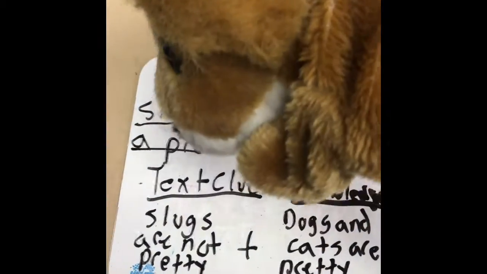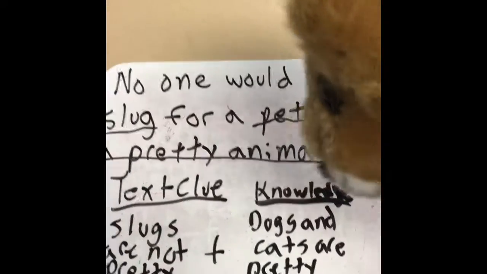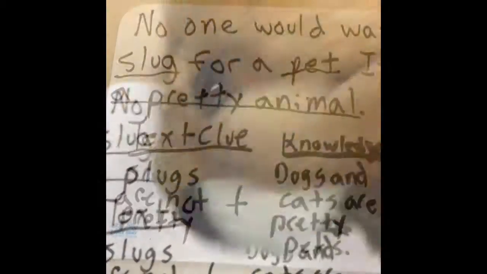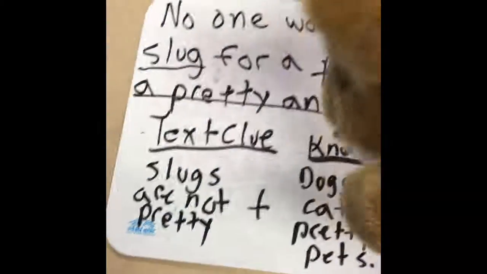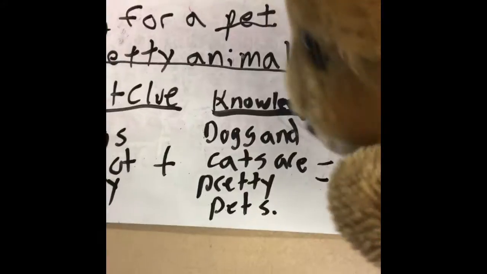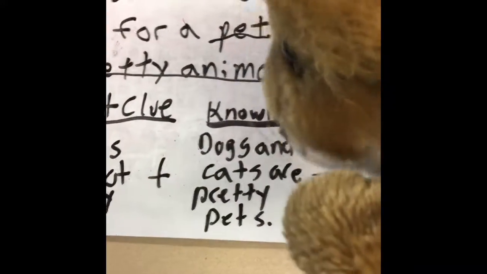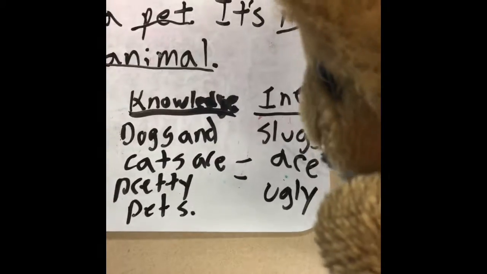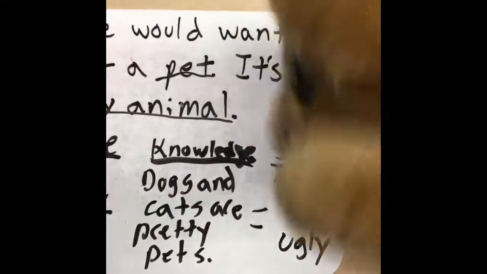I put that with the text clue and my knowledge, and based on that, we can figure out the inference to answer our question. After we do our inference, we add the fact that slugs aren't pretty, plus dogs and cats are pretty pets. Put that together, we can infer that slugs are ugly and they would not be good for pets. So let's go back to our question.